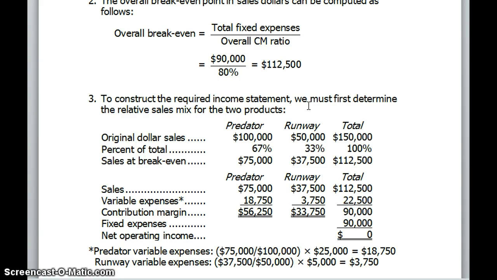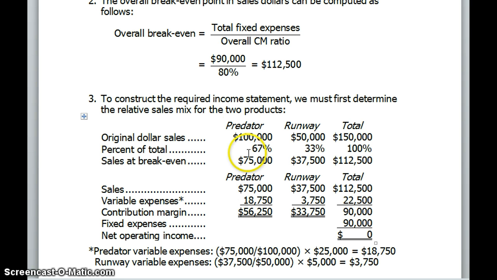When we do that, we need $75,000 of Predator sales revenue and $37,500 of Runway sales revenue.